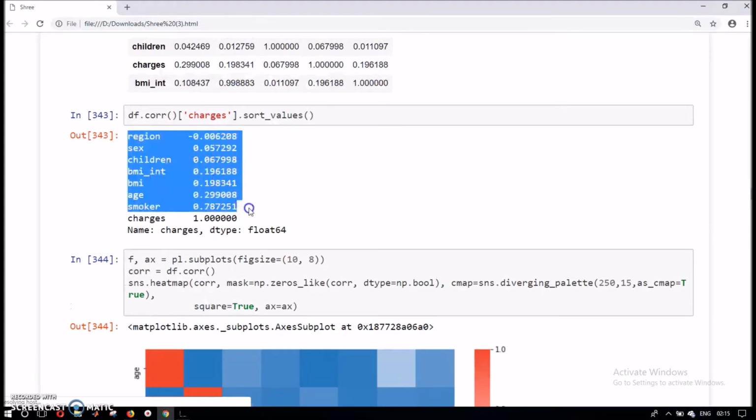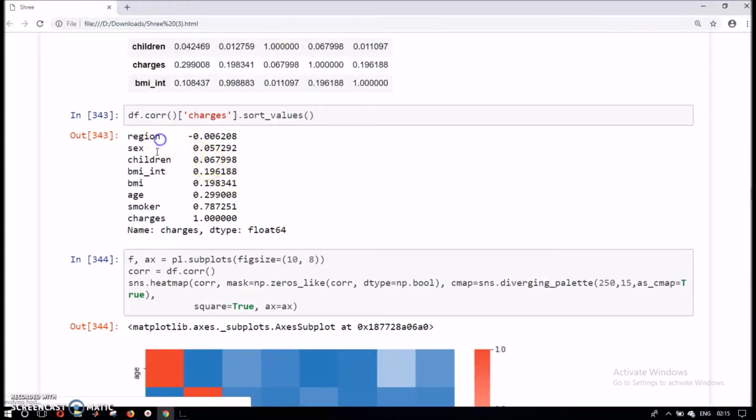In this matrix we can see that region, sex and children have no major role in determining the charges, whereas smoker and age are quite important. BMI is also a bit significant, so we will look into details of these 3 variables.